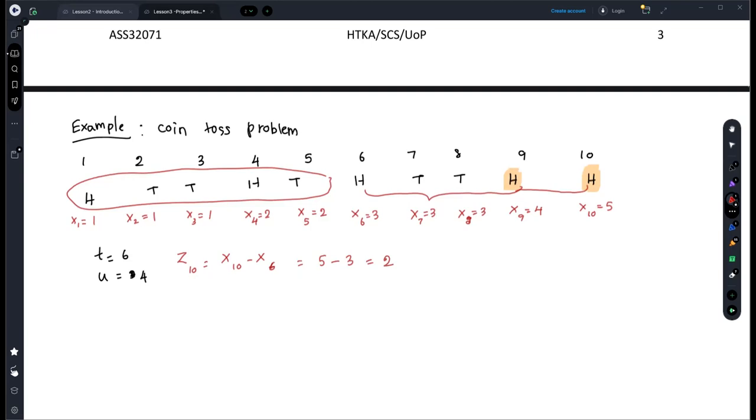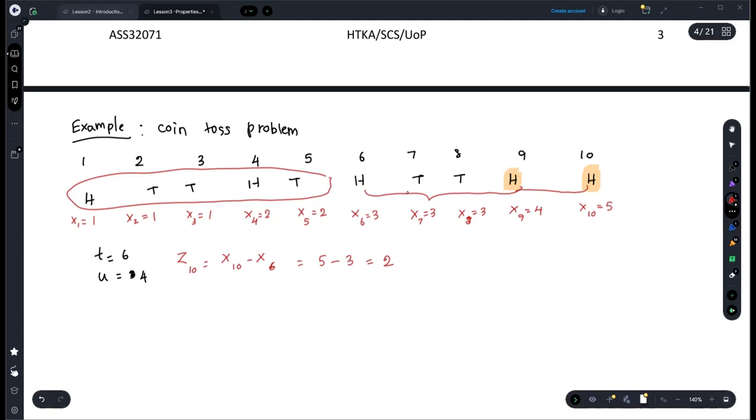So if you get another coin toss, you still have X10 minus X6 equals 2, right? If this changes while remaining 2 heads and 3 tails, then those are independent increments. So the increment from X6 to X10 is not affected by what happened in X1 up to X5.